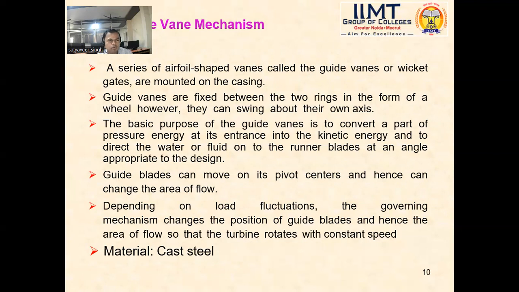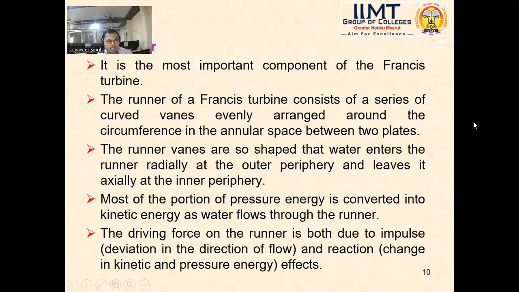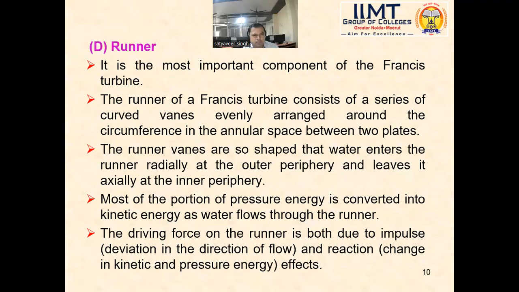So now, if we talk about the basics of this turbine, what is the function of the runner? It is the most important component of the Francis turbine, and the runner consists of a series of curved vanes, evenly arranged along the circumference in the annular space between two plates.